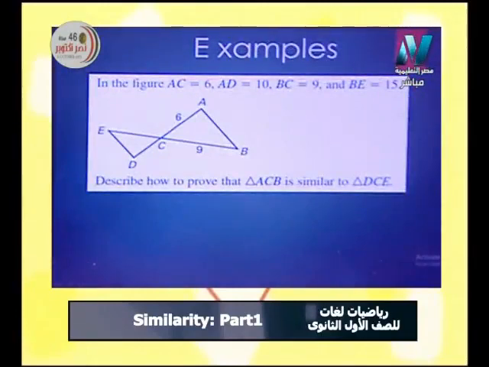We have two triangles, as you see here in the figure. AC equals 6 centimeters, and AD, from A to D, equals 10 centimeters. So CD equals what? Think about it. If AD equals 10 centimeters and the part AC equals only 6 centimeters, the remainder CD equals what?